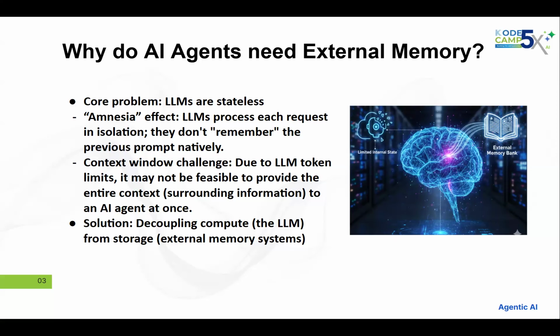You can only provide information within the limits of the token window of that LLM. External memory enables you to maintain this context so that you can feed the relevant part of it to the LLM when necessary. That way the LLM can remember, because your external memory is keeping the history and can provide it to the LLM when needed.